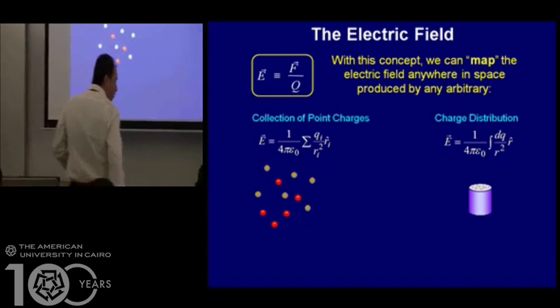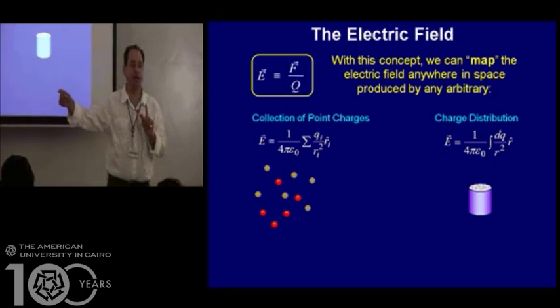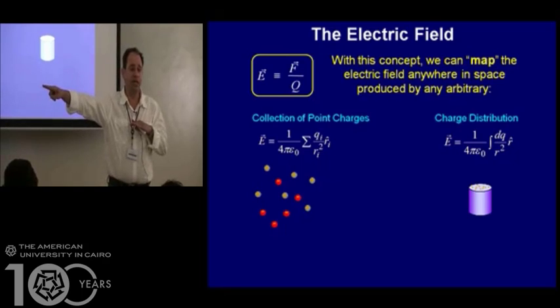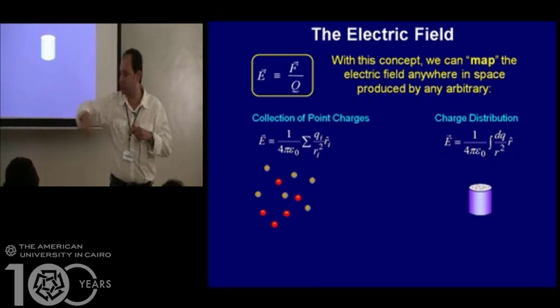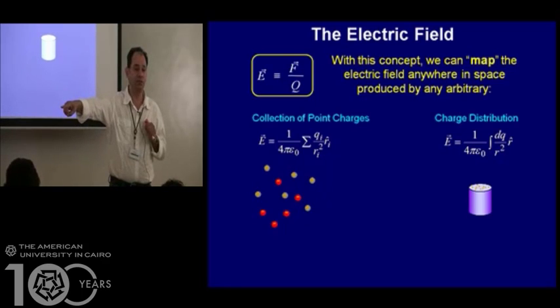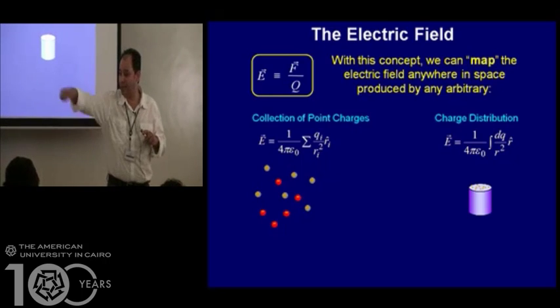So from part number 1, the electric field is equal to K times dq divided by that distance squared.